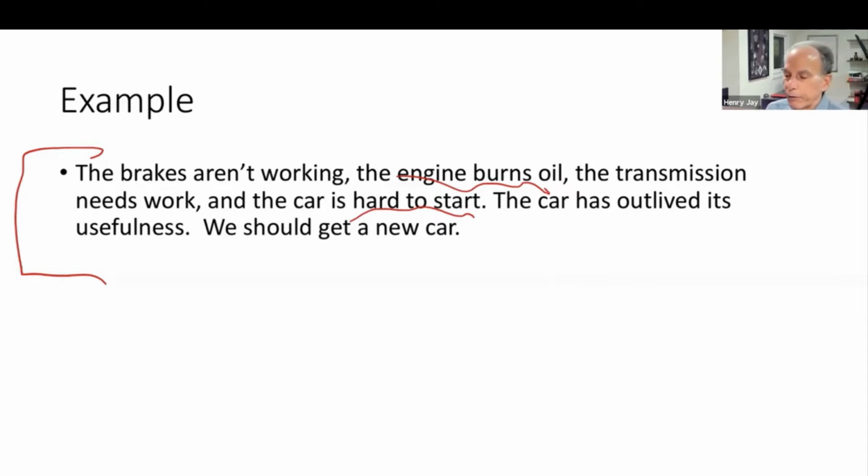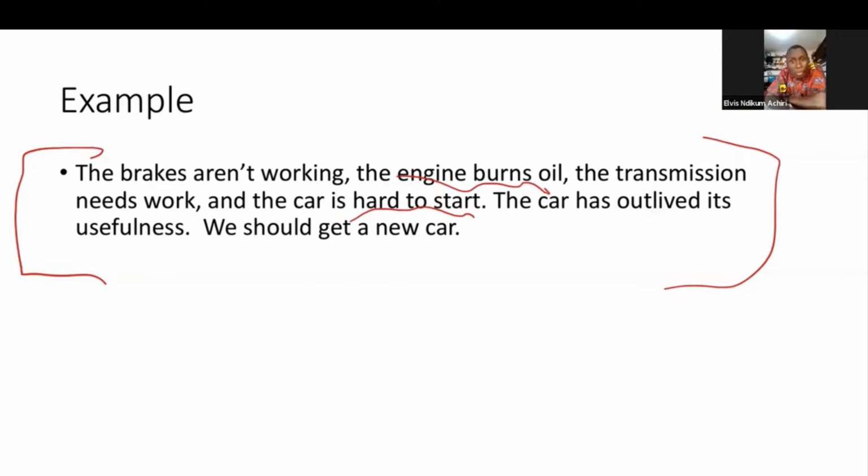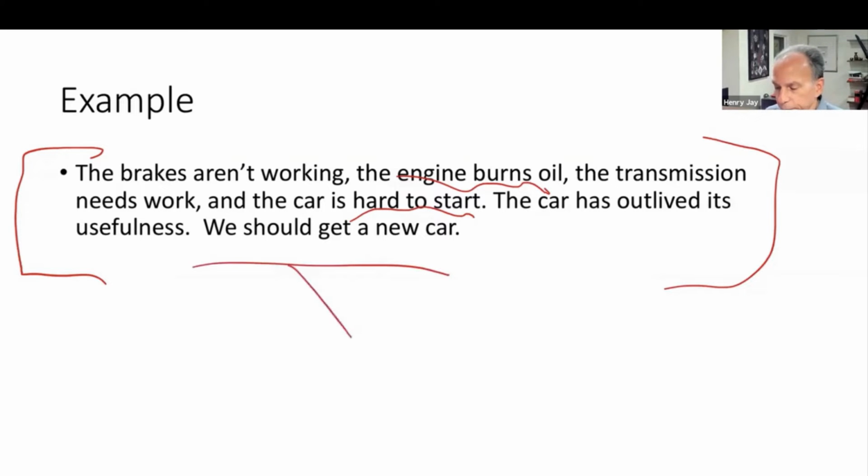But in this paragraph, the engine burns oil, but is the author trying to prove to you that the engine burns oil, or is he trying to prove something else? No, he's trying to prove that you need to get a new car. Good. Right. He's trying to convince you that you should get a new car. Now, the author is actually making another claim.